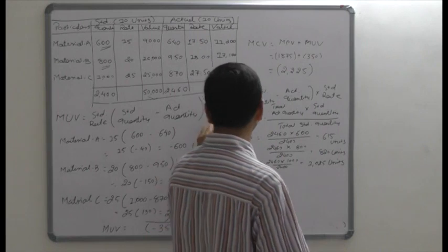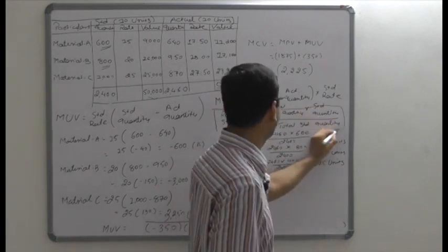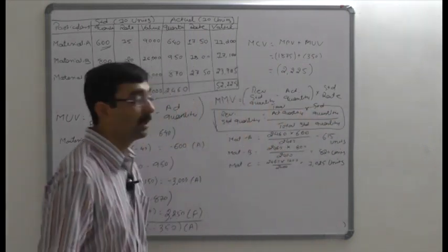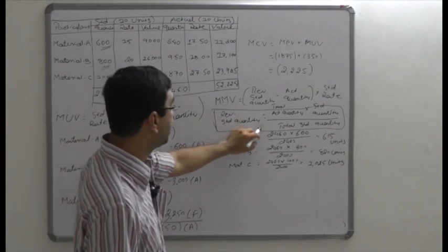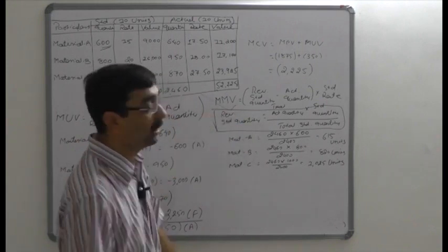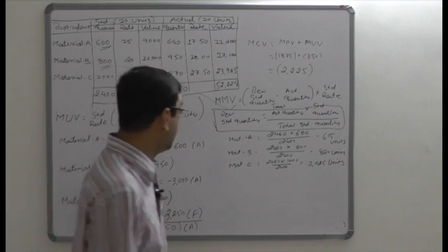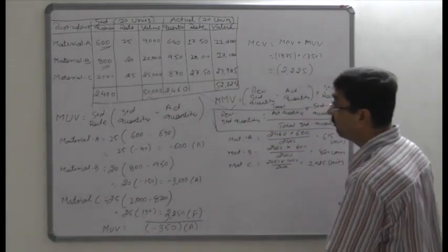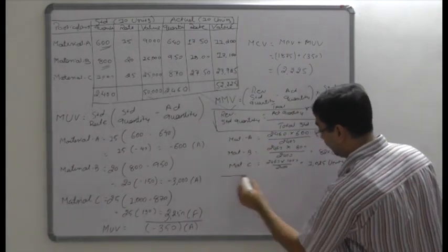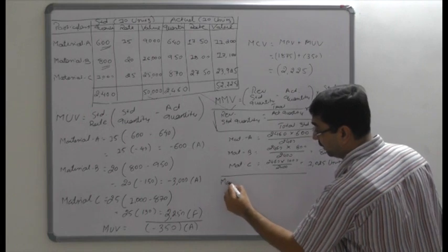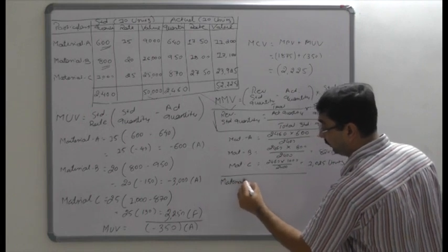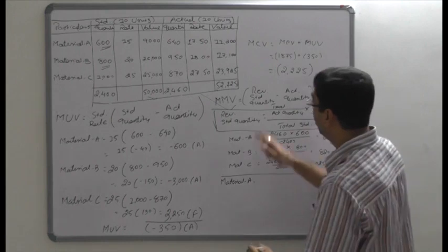So this is the way to calculate your revised standard quantity using this formula. On the basis of this revised standard quantity we can calculate the material mix variance. Now we'll calculate the material mix variance one by one for all the materials. Let's start with material A. Formula is here.